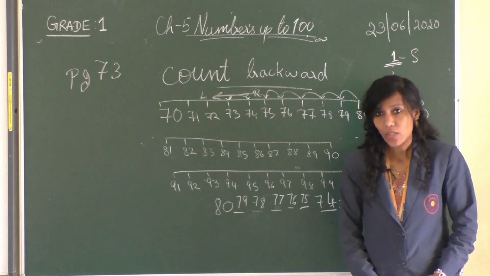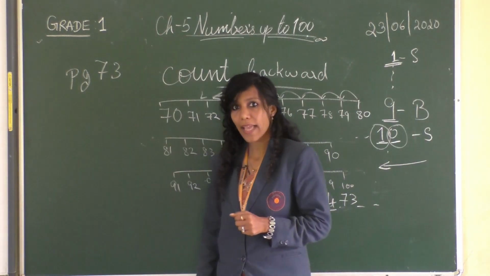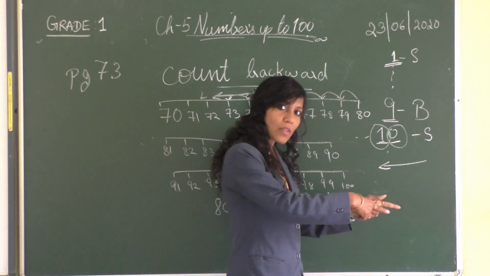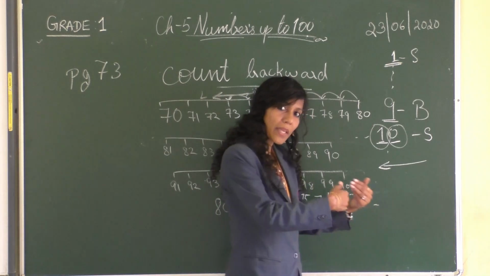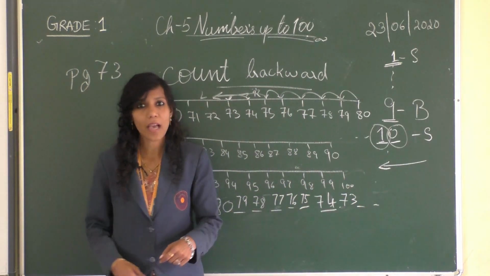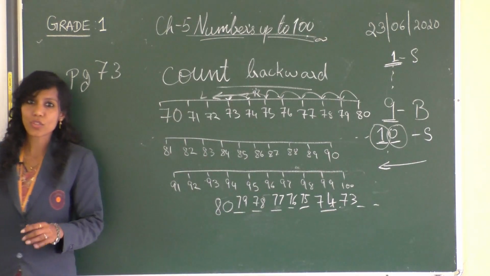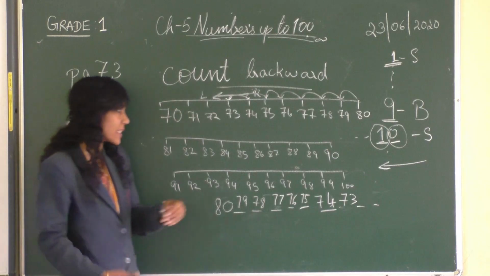How will you count? From 5, you go to 4, 3, and next 2. This is the way you are coming back.